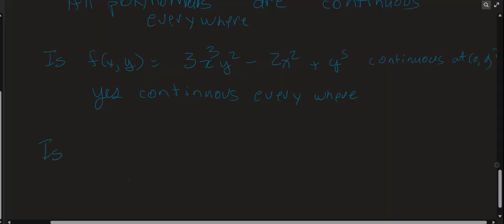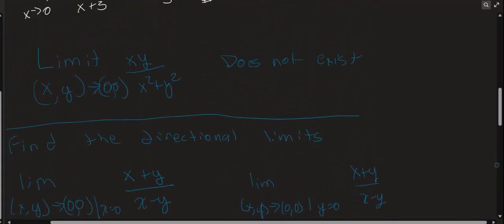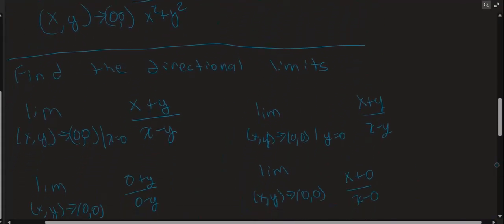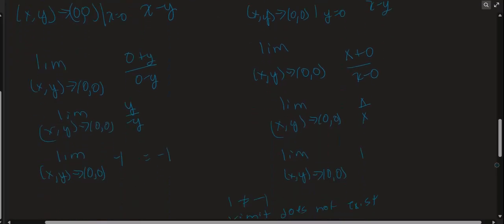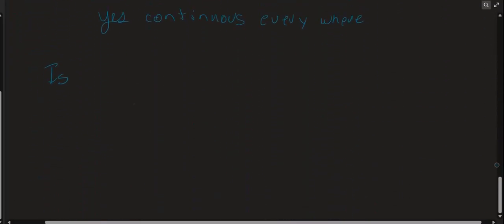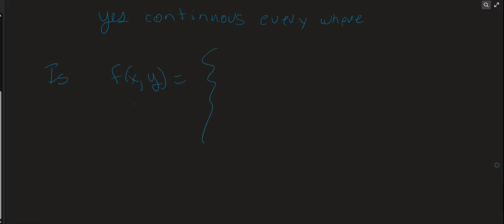Let's take the function that we just looked at right here. Let's say f of (x, y) equals (x plus y) over (x minus y) if (x, y) does not equal (0, 0), and 0 if (x, y) equals (0, 0).